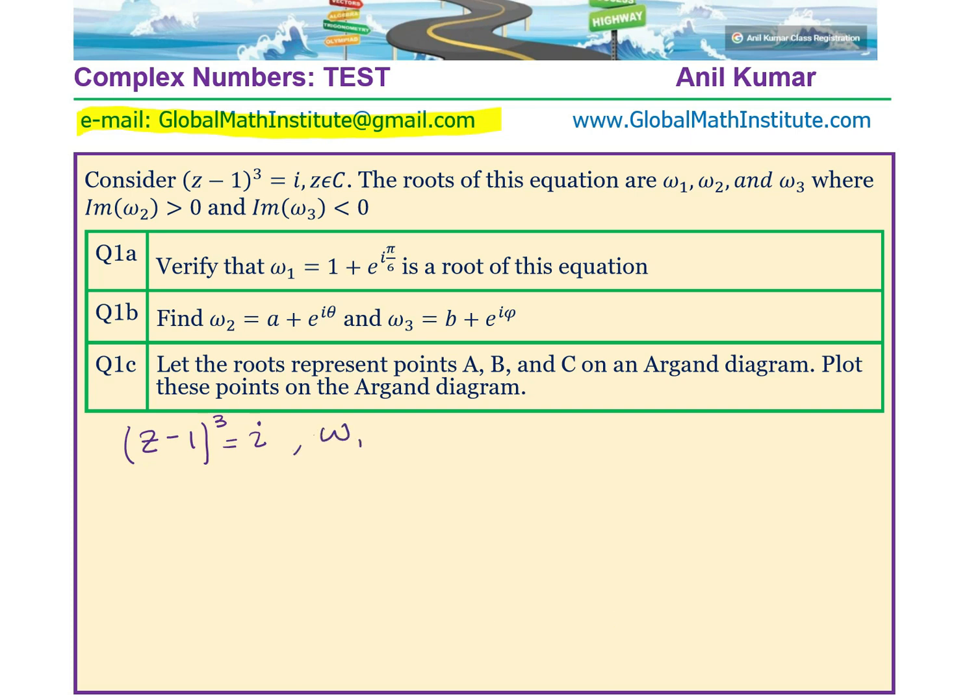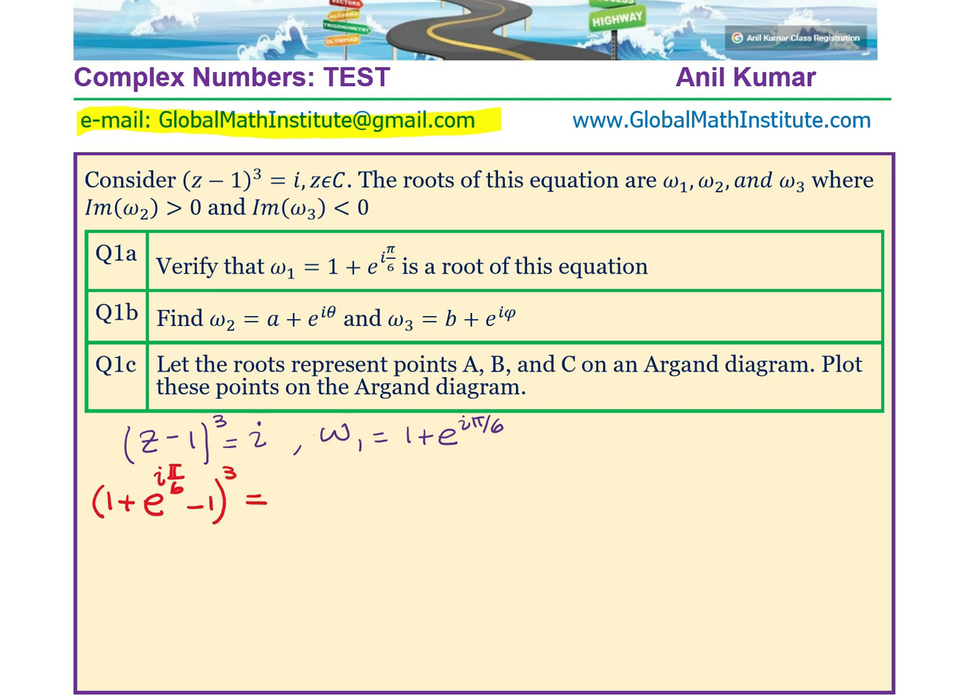If omega 1 is the solution, that is 1 + e^(iπ/6), then substituting this value for z should satisfy the equation. That's what it means, right? So it is not a very difficult question. Let's substitute z as 1 + e^(iπ/6). So we get (1 + e^(iπ/6) - 1)^3, right?